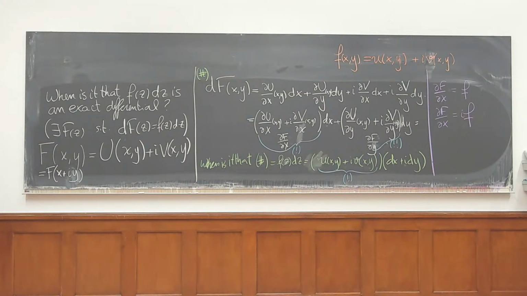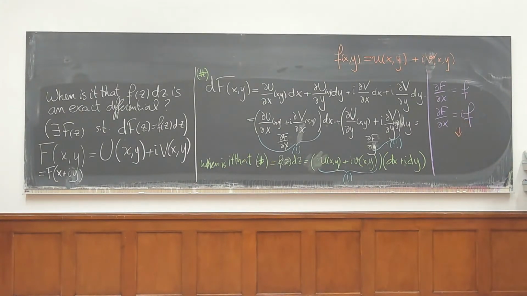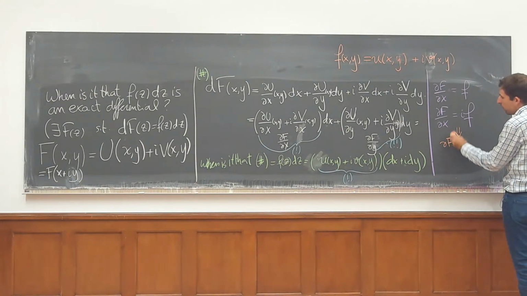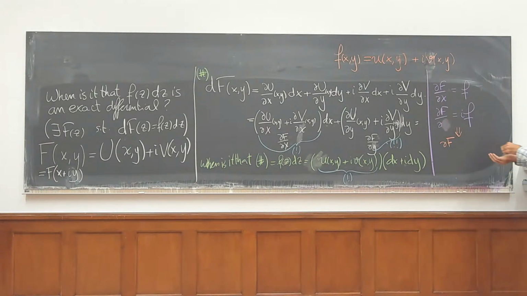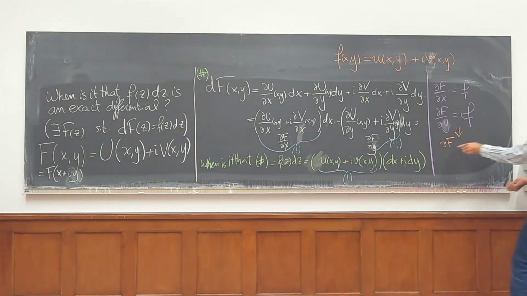Now, what does this mean in particular? This means in particular that the partial derivative of f, oh, sorry, I keep swapping x with y. This is, of course, y. I'm getting this from the equation on dy. Now, what does this mean?